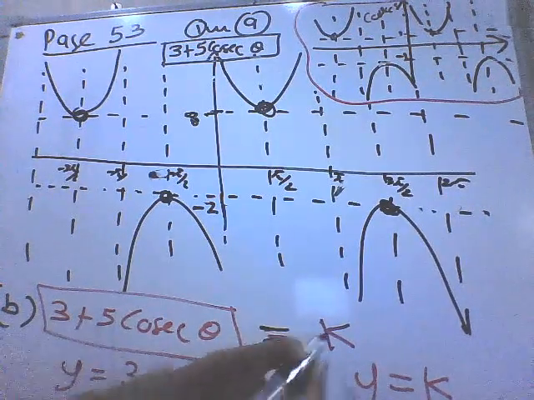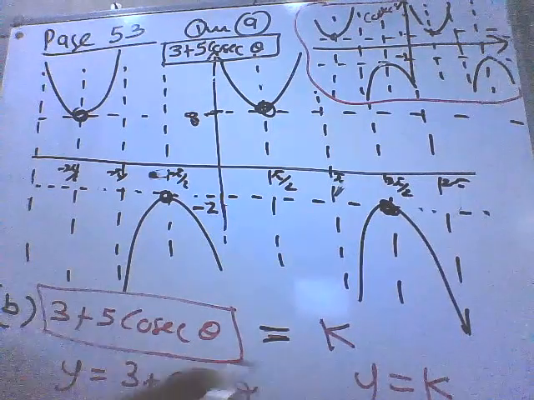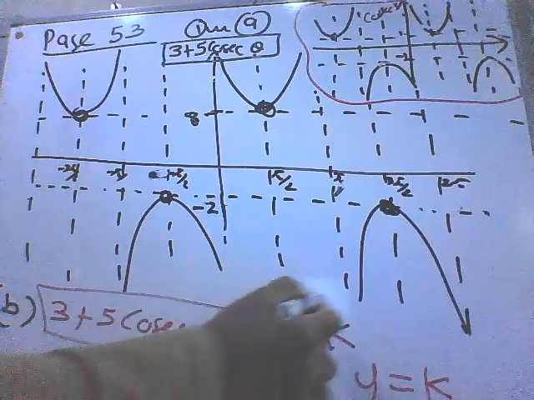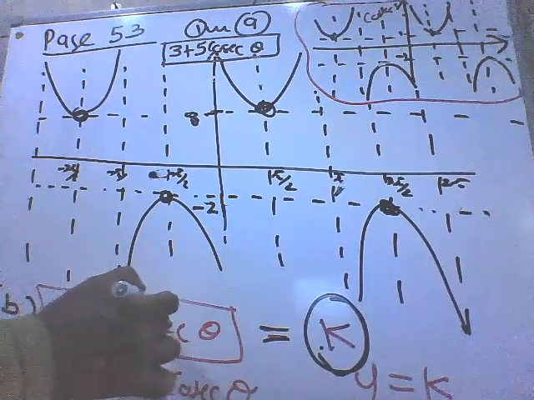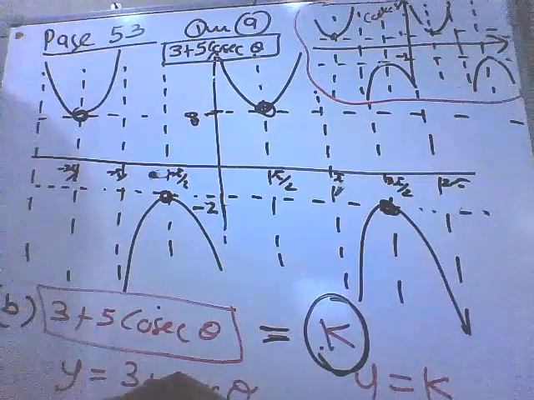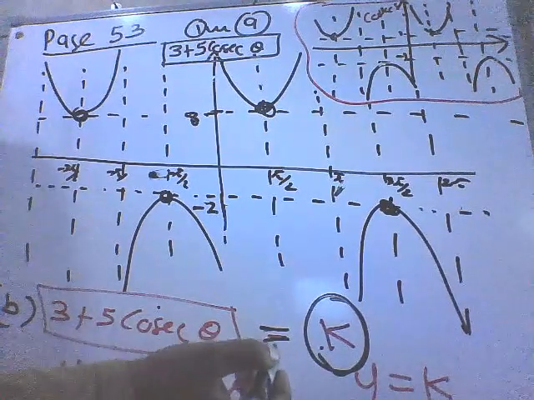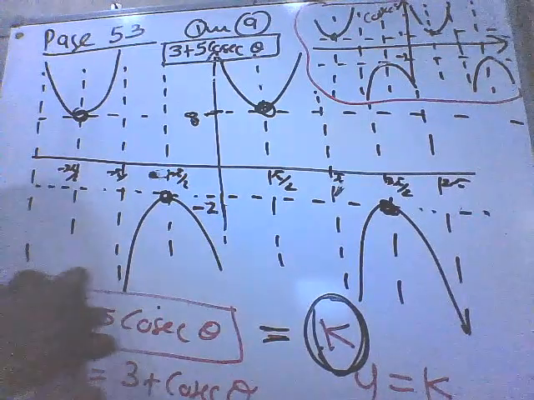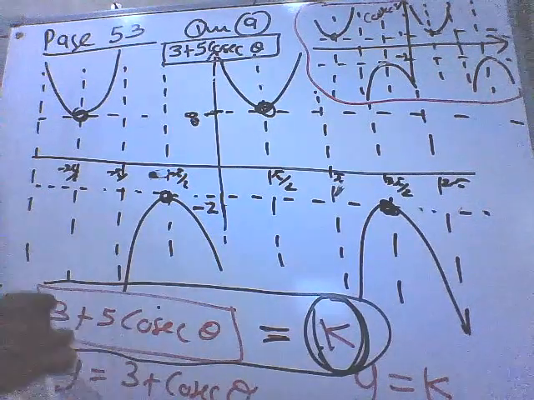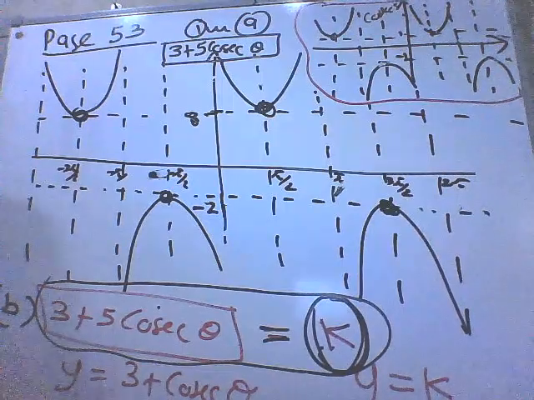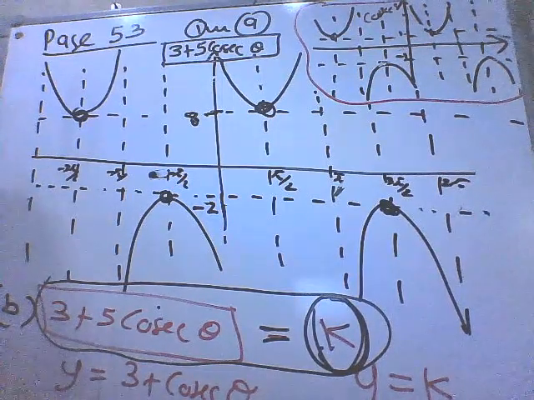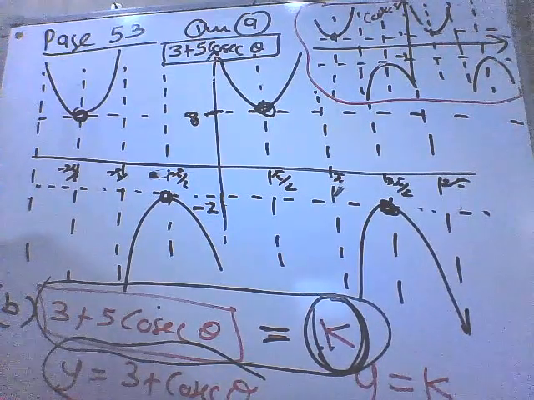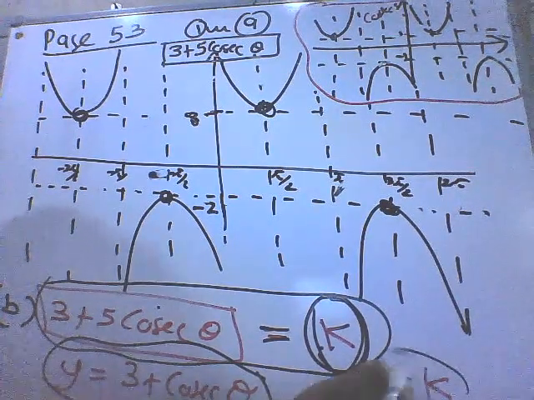Find the k values for which this equation has no solutions. Graphically, what we have to do is find the solutions of y equals this one and y equals k.